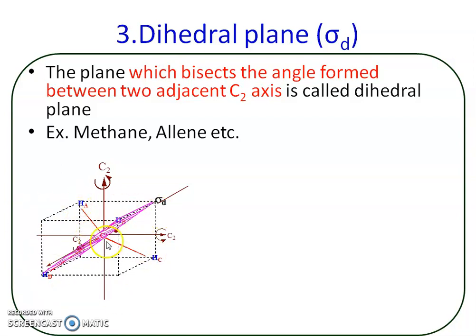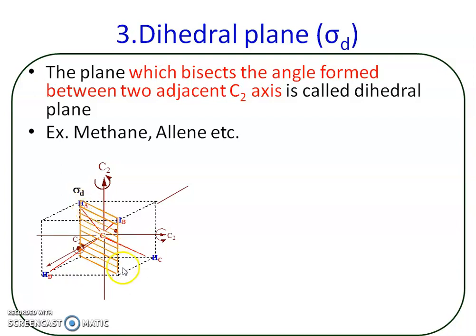The overall orientation of the molecule remains the same, and therefore this is the first dihedral plane, because it bisects two successive C2 axes. At the same time, this plane bisects the molecule into two halves which are mirror images of each other. Now imagine another plane, passing through HA and HB as well as through this carbon.